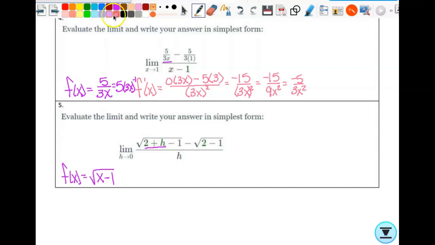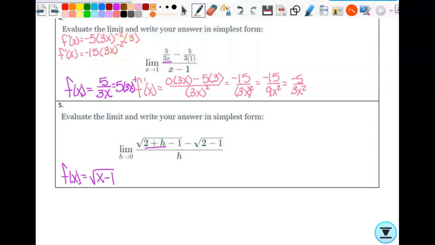And I can say that f prime of x equals, so I take care of the outside, negative 1 times 5 is a negative 5 times 3x, and then I subtract 1 to the negative 2 power. Then I have to take the derivative of the inside, which is 3, which does give me negative 15 times 3x to the negative 2 power, right?